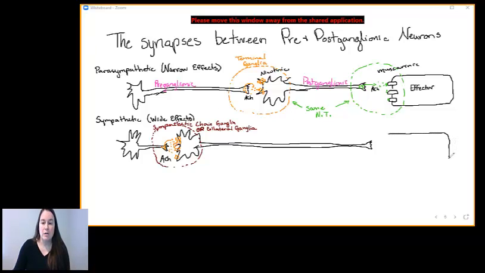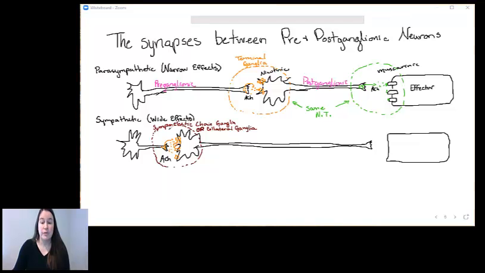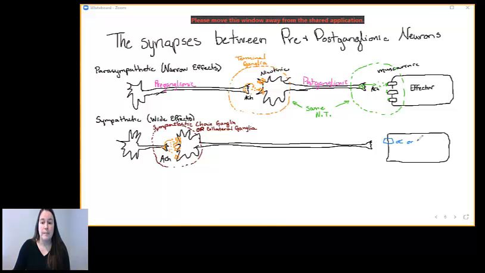In the effector over here, what sort of receptors are we going to have? And you may recall that the receptors that are predominant, important, and useful to us in the sympathetic system are either alpha receptors or they could be beta receptors, and that really depends.